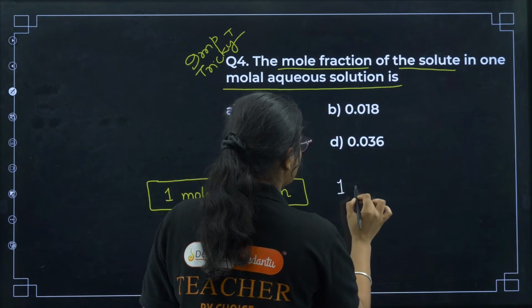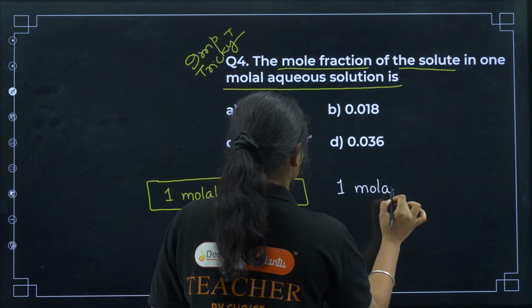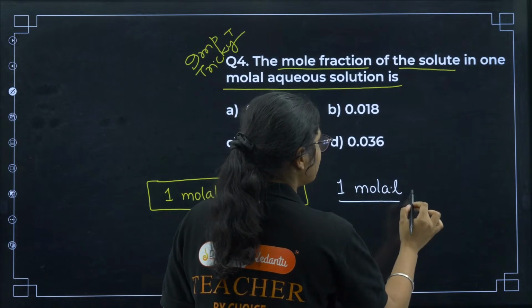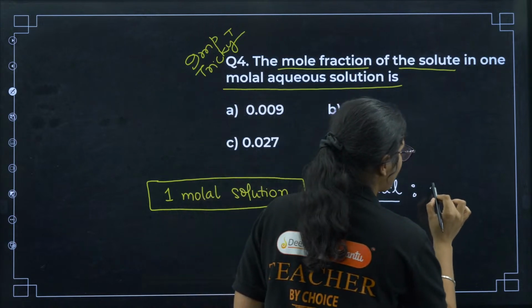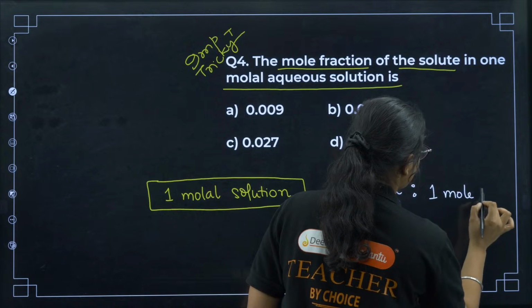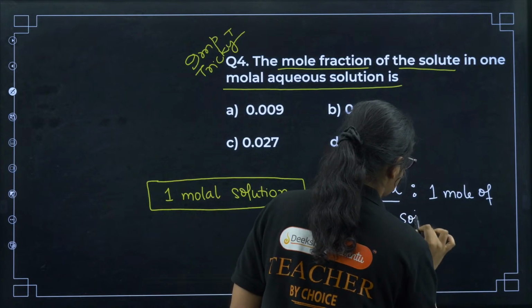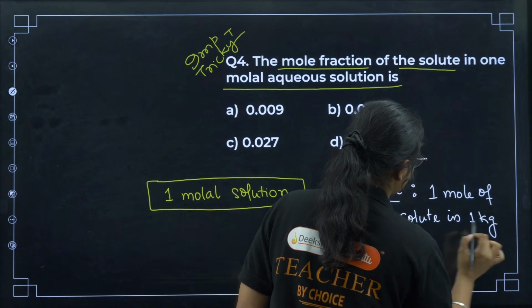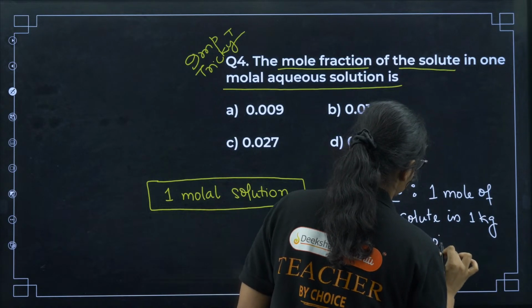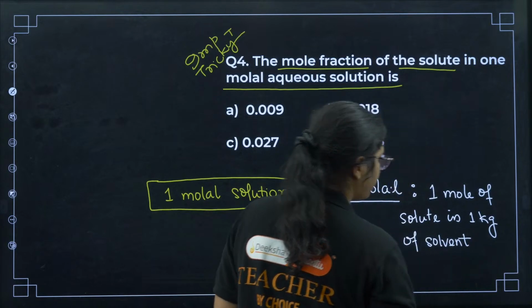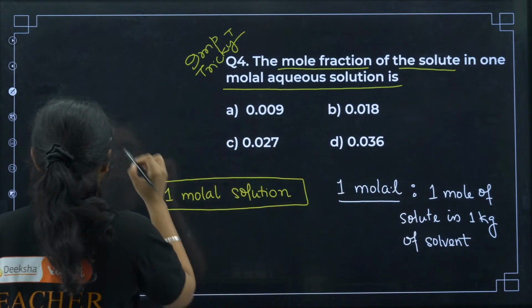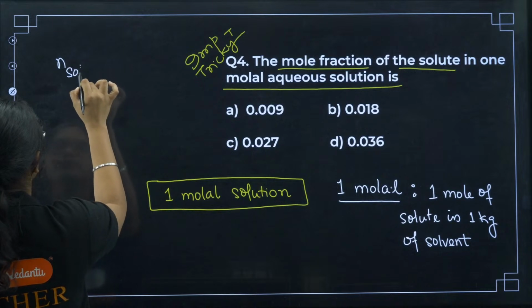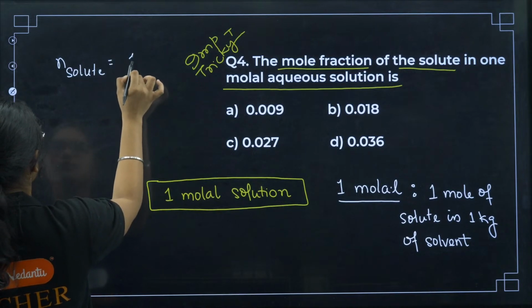Now what do you mean by 1 molar? 1 molar means you have 1 mole of solute in 1 kg of solvent. So what I can say here is the number of moles of solute is 1 mole.